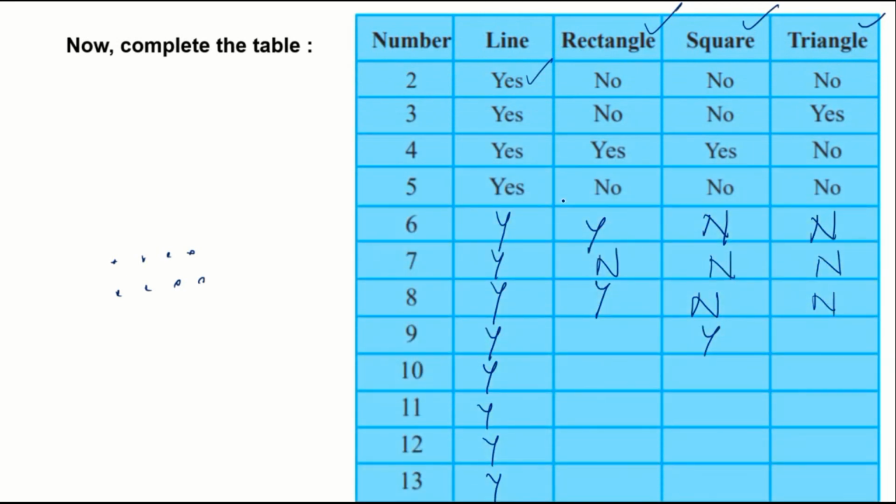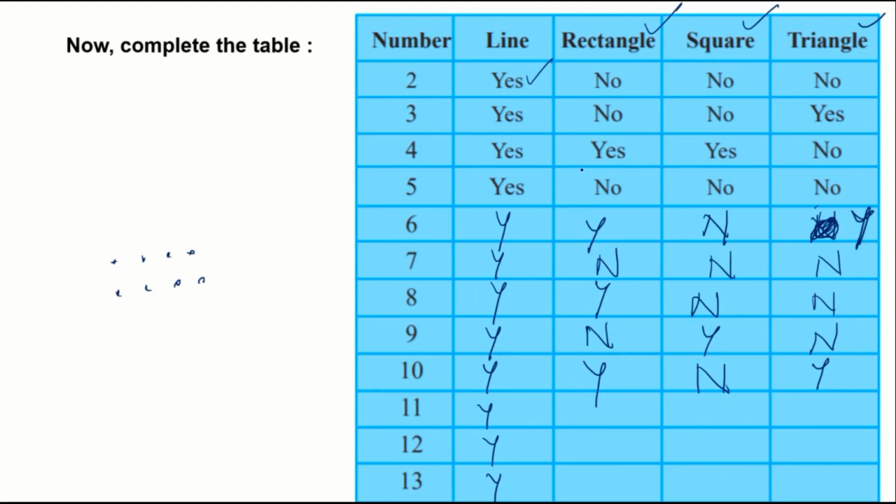Here 6 I have written wrong. 6 can be arranged as a triangle. 9 cannot be arranged as a triangle, but 9 can be arranged as a square, but not a rectangle. So when it comes to the triangle, yes. Rectangle, yes. Square, no. So like this you have to fill the rest of the 3 columns.